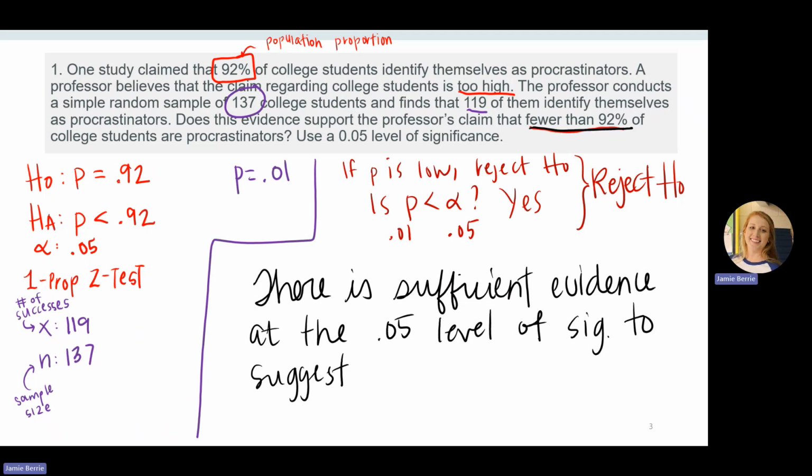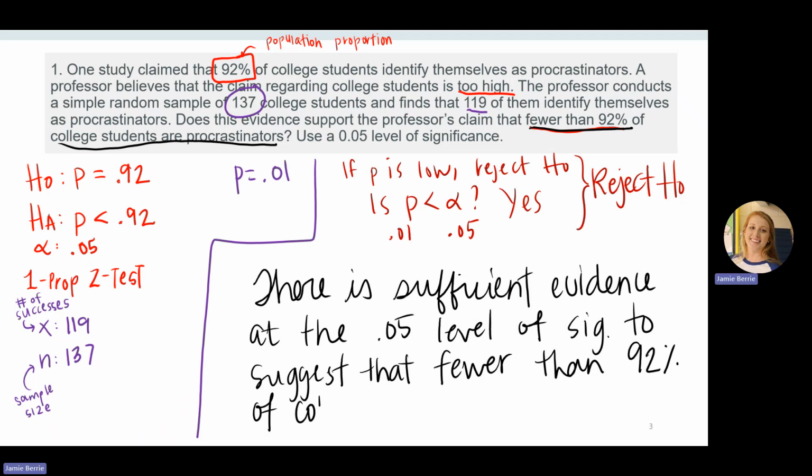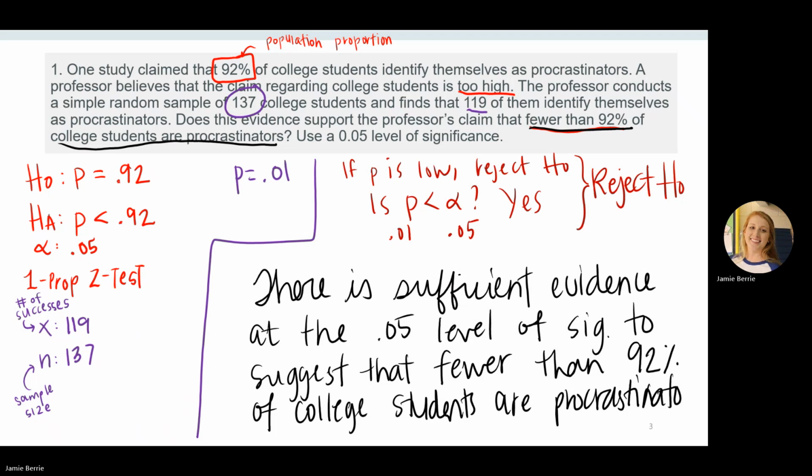Fewer than 92% of college students are procrastinators. To suggest that fewer than 92% of college students are procrastinators. All right.